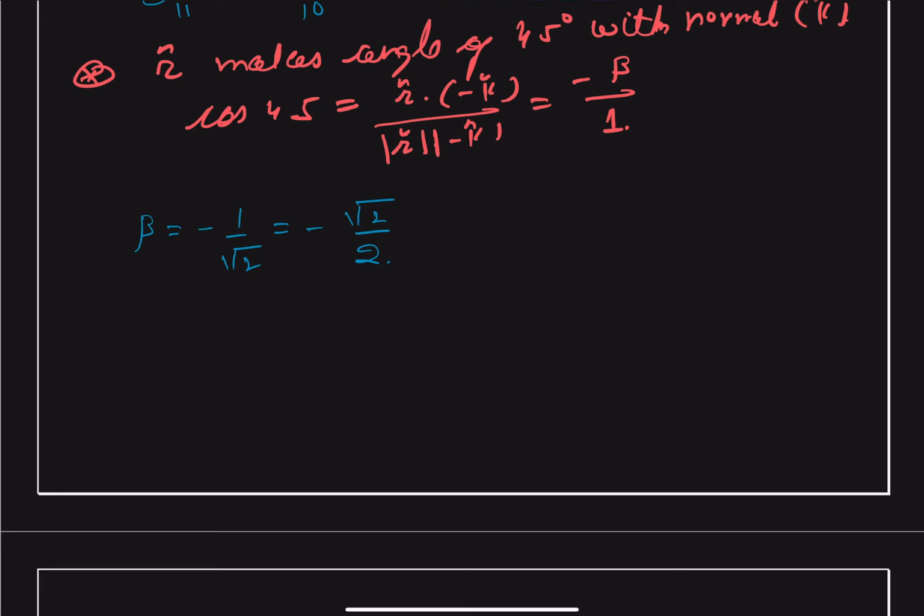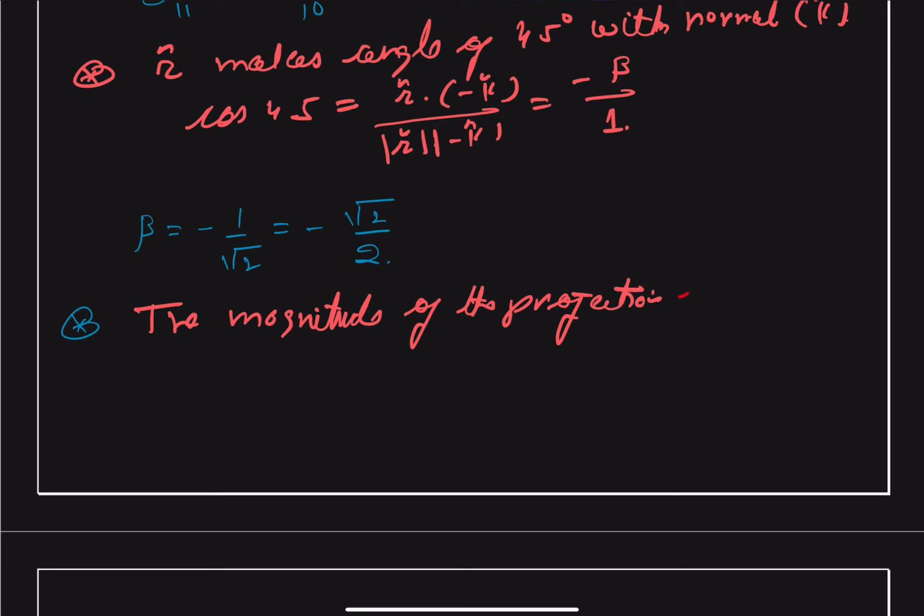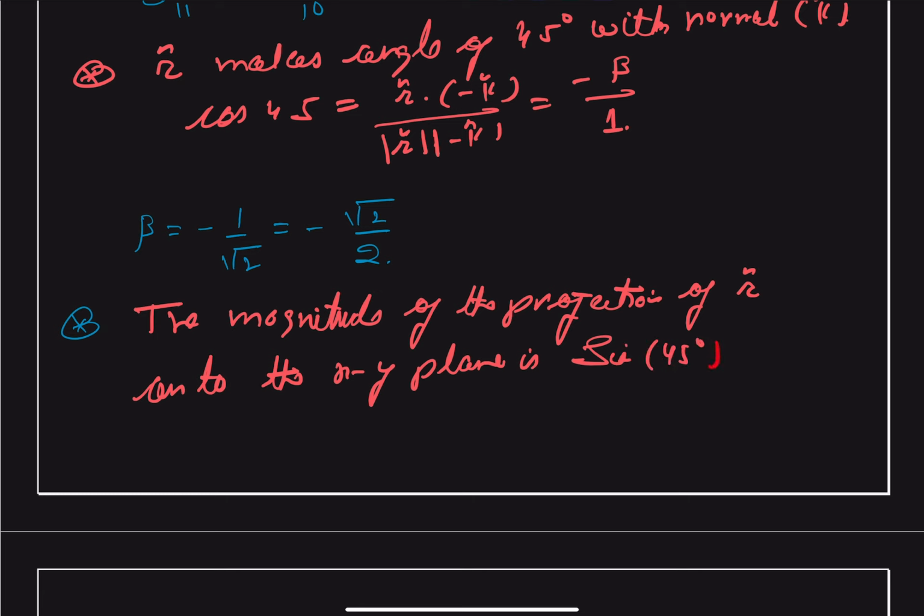And we also know that the magnitude of the projection of the r unit vector onto the xy plane is sine of 45 degree.